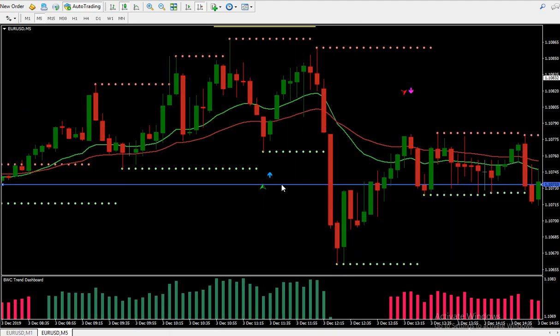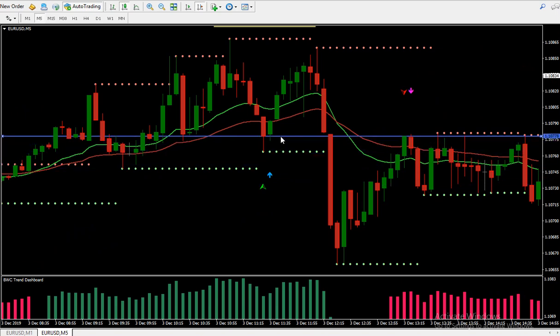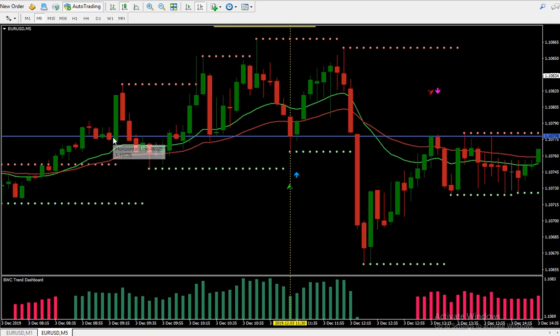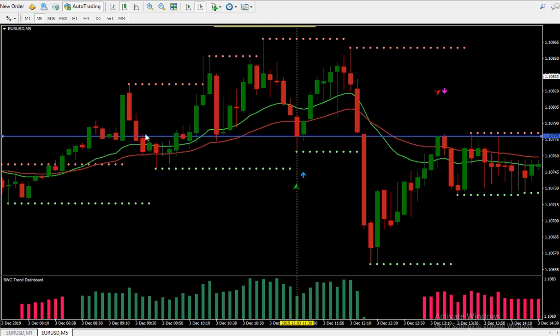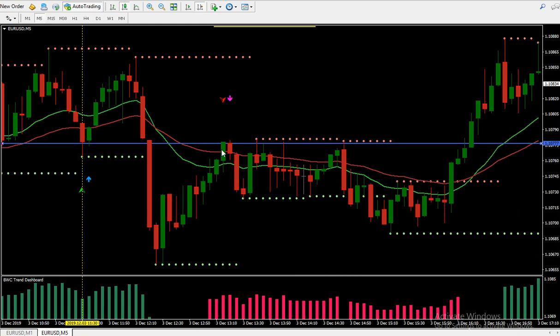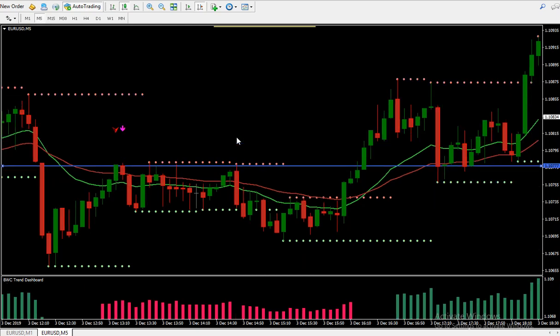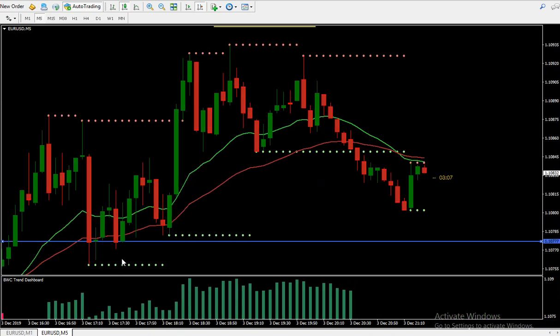This one, if you know what you are doing, would have been another nice setup, because that is a support level there. Considering support here, some bit of resistance, some bit of support. Actually, this is almost support. So would have been nice. Look at immediately how the line I drew here acted as resistance. Another win there. So 3 wins if you were to trade M5.